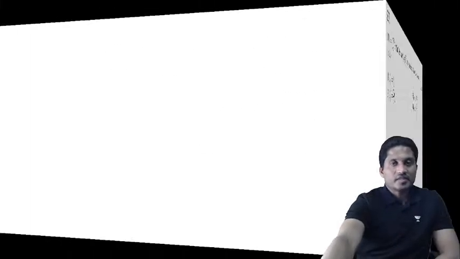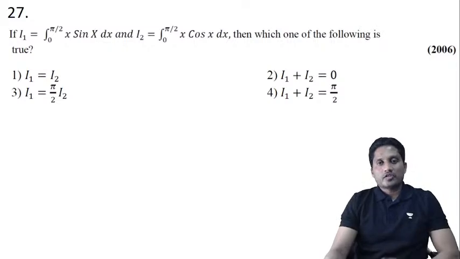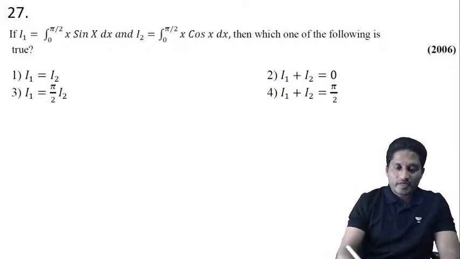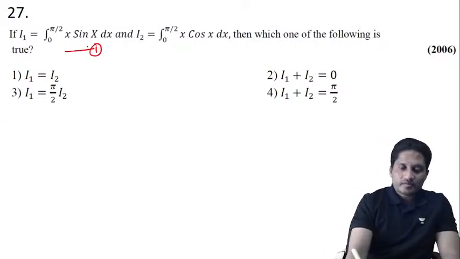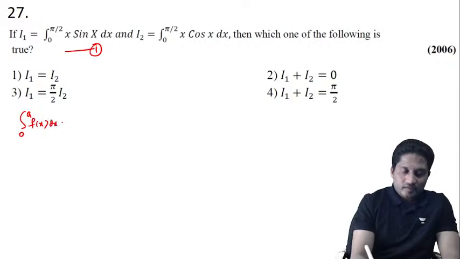Question number 27. See, I should find out the relation between I1 and I2, right? You call this equation 1. I'm going to use the property integral 0 to a f of x dx is equal to integral 0 to a f of a minus x dx.